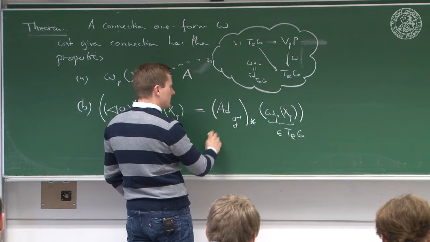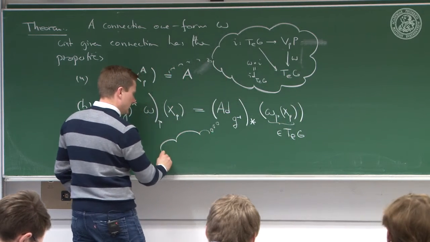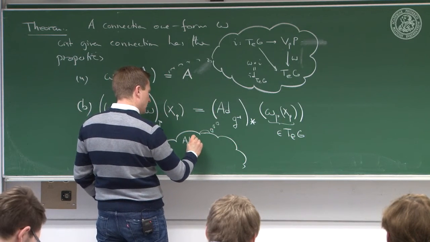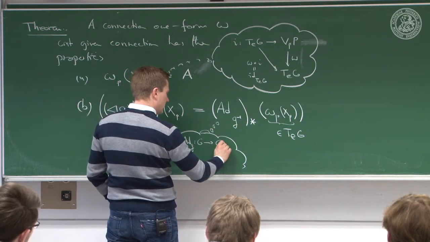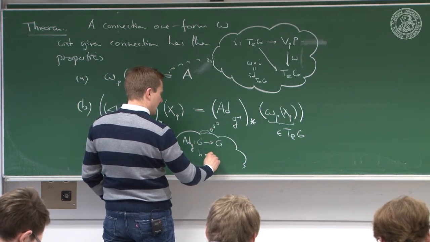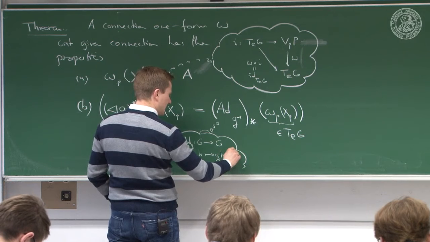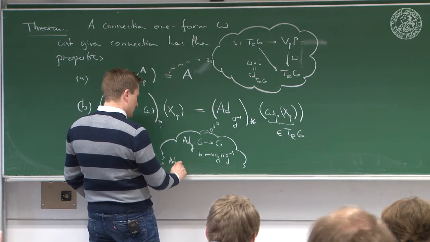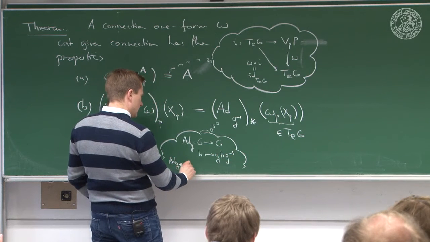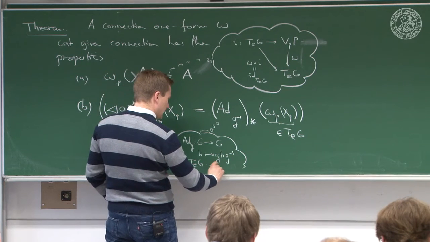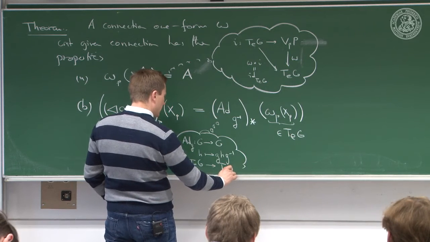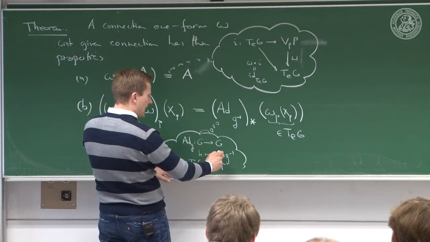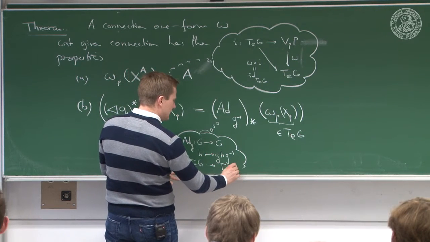But the Ad_G, we recall, what was the Ad_G? The Ad of some G, not G inverse, Ad of some G, took you from the group to the group by taking an element H and sending it to G H G inverse. But that meant that the Ad_G push forward took you from T_eG to T at G identity G inverse, but that's again T_eG.